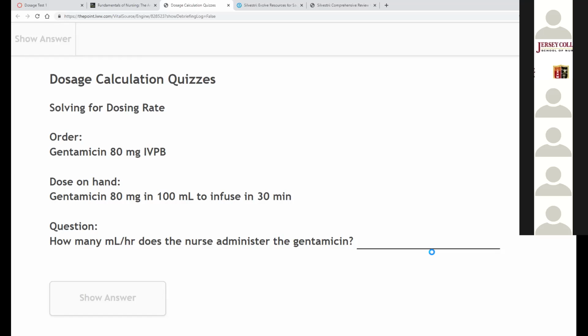And don't look at it as 100 divided by 0.5. Look at it as my total volume divided by my total time in hours. Because when you do that, it sets the problem up for you. You don't have to wonder. You already know your total volume is always going to be in what? mLs.